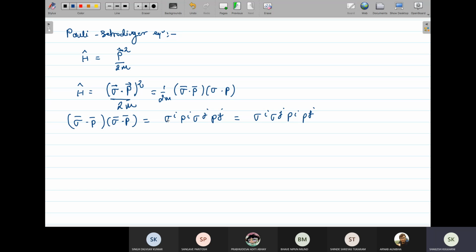Because this is a 2 cross 2 matrix, but momentum is in a different space, I can take this p_i through sigma_j, there is no problem at all. This I can write as sigma_i sigma_j times (p_i p_j plus p_j p_i) divided by 2.